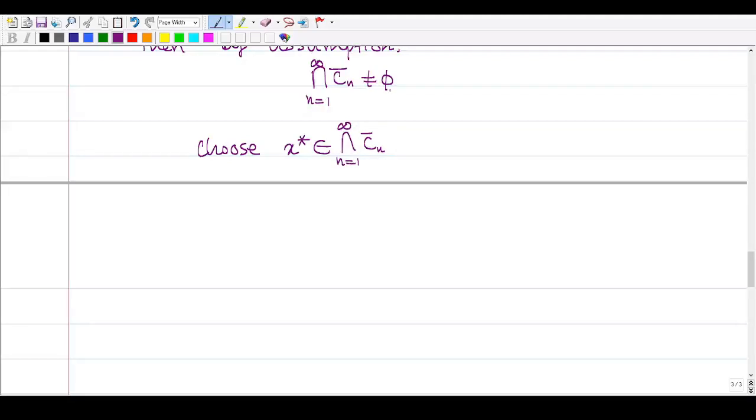Okay, and note that Cn is a subset of Cn closure. Correct? Now what is Cn? This is the sequence xn plus 1. This fellow is Cn, and inside it is Cn closure.